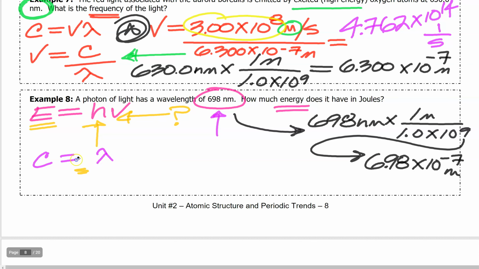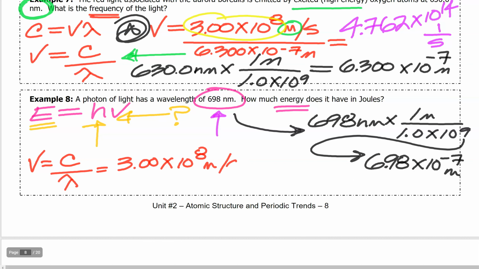So let's clean that up real quick, and then that'll help me out. Okay, let's try this again. So our frequency equals our speed of light divided by our wavelength. So that's going to be 3.00 times 10 to the 8th meters per second.